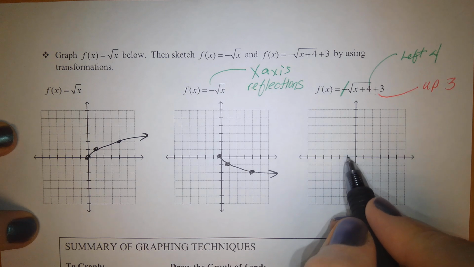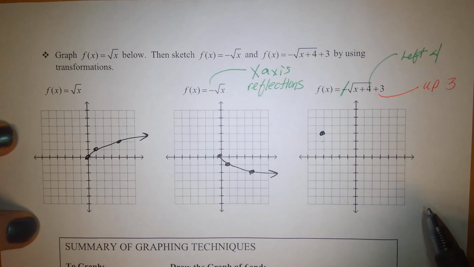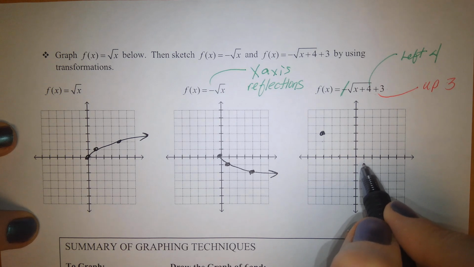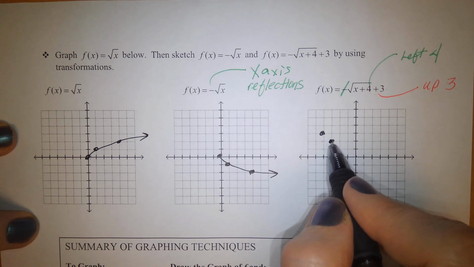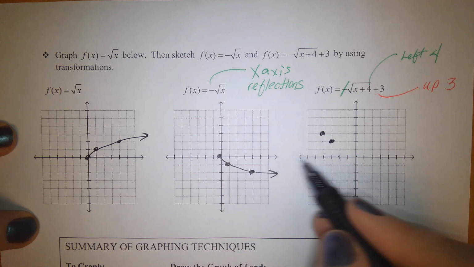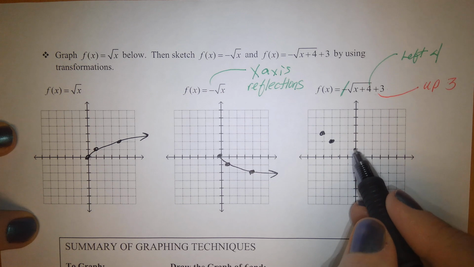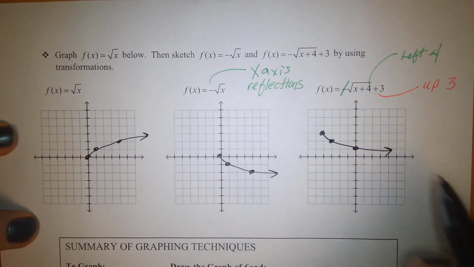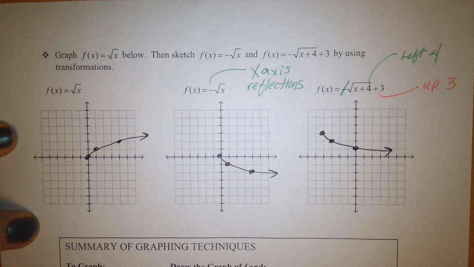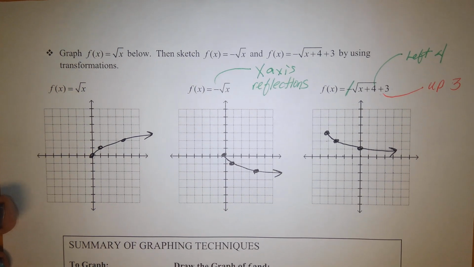So my origin will move left 4, up 3. This point will move left 4, up 3. And this point over here will move left 4, up 3. So this is what the end result would look like. Now, of course, you can always check that with technology.